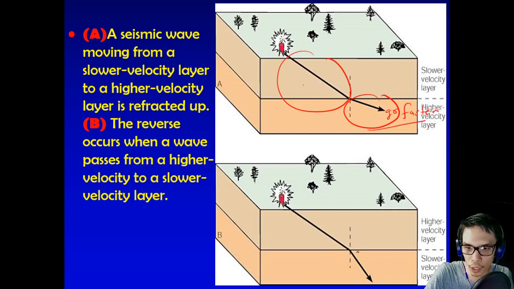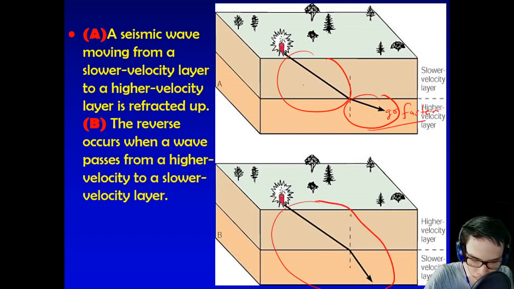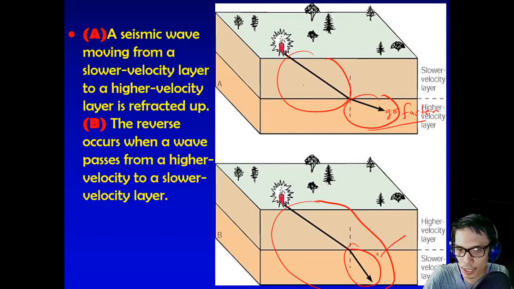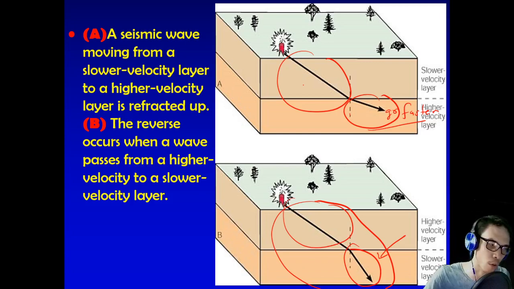In this other picture that we have right here, the wave slows down, because this material might be telling us that it makes the wave go slower. So with the use of the seismic wave, we can understand that these are two different materials, which allow the wave to go faster or slower.